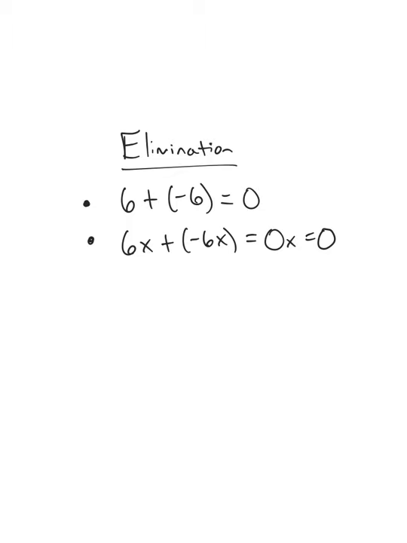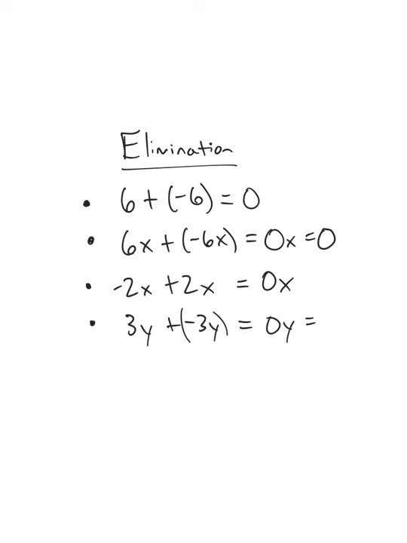All right. Negative 2x plus 2x. Again, those numbers are inverses. We're adding them. 0x. Guys, works with y's. 3y plus negative 3y. 0y. 0. Guys, these things are all 0.